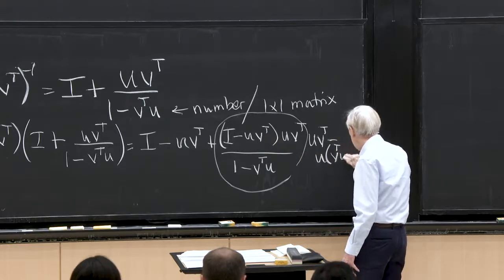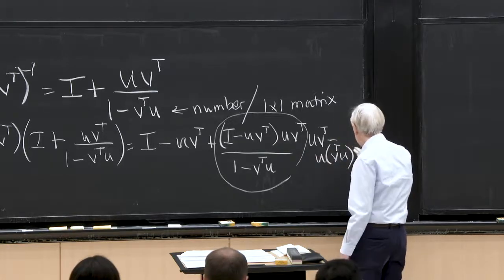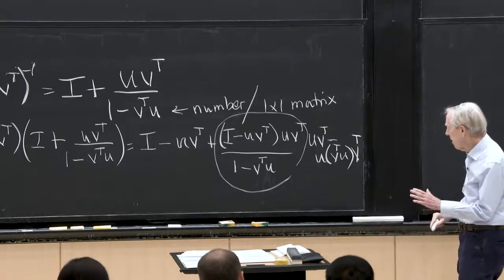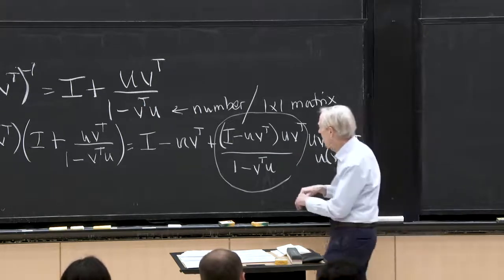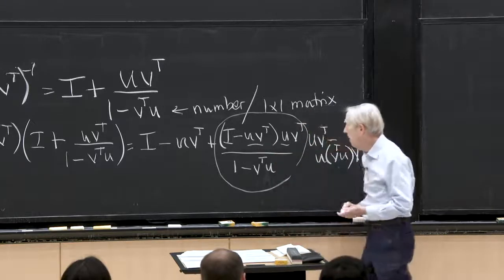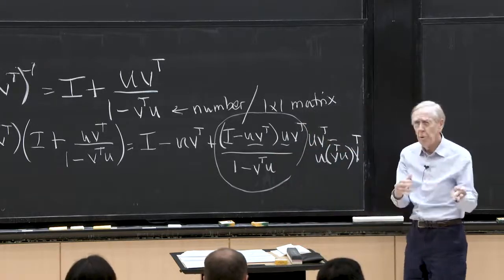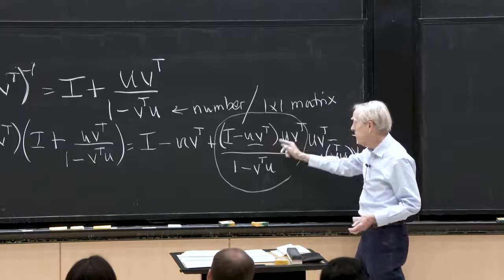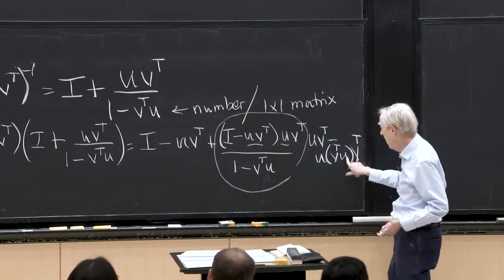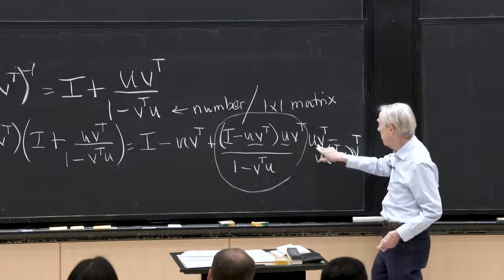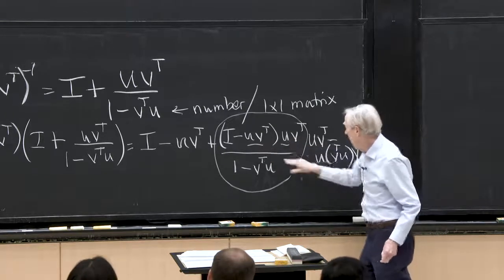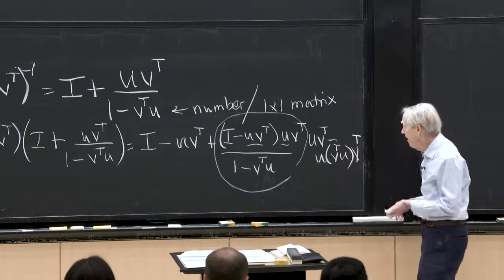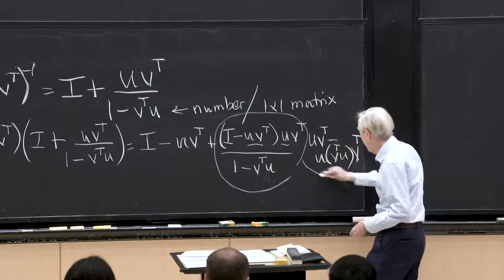Do you see what's happening here? The key is that when I multiplied that times that, I've got 4 things in a row, and I do the middle pair first, because that's a number, v transpose u. So I had uv transpose from that, and uv transpose times that number.